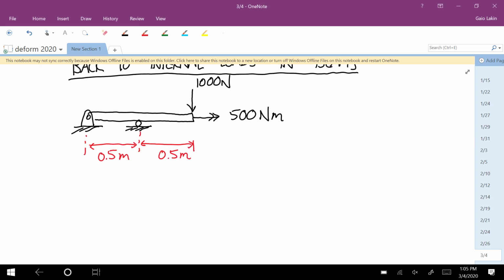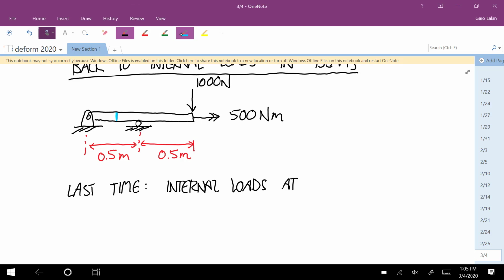And last time what we did was we calculated the internal loads at that blue line, at this location, using a coordinate system sign convention.